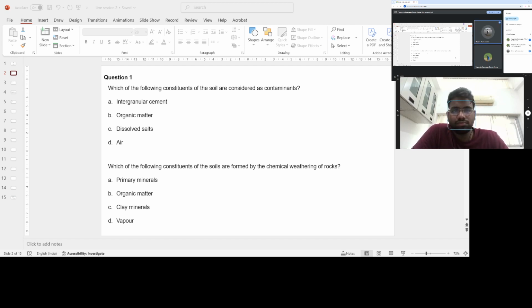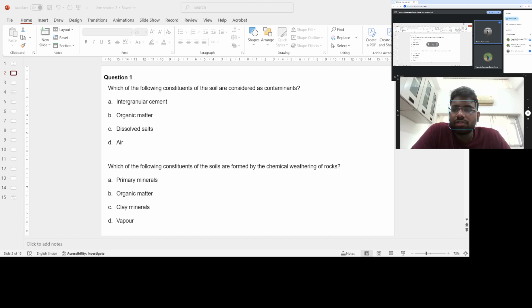Yes, industrial contaminants. Okay, those fall under which? Where do you think those fall among the given options? Actually, I am opening my laptop. I'm not able to see all these options. You are seeing it on mobile.